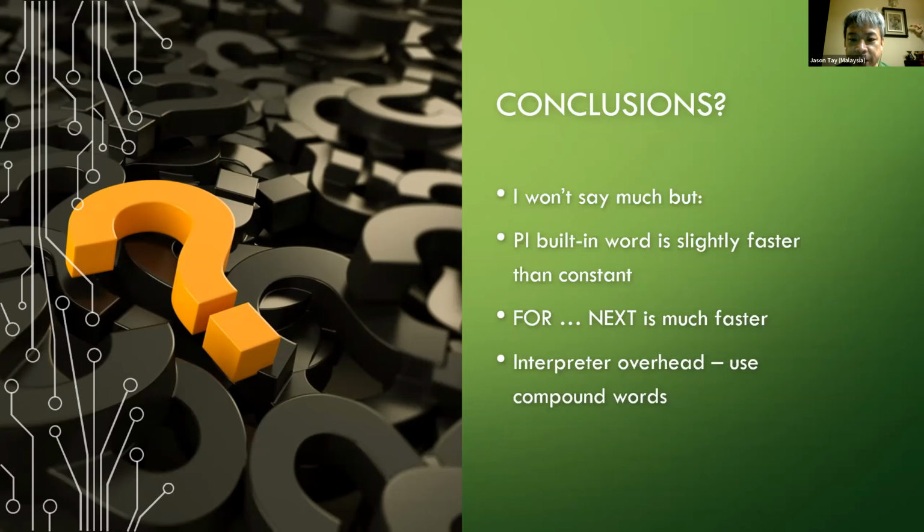I have no idea why. And then we now know that for-next is much faster. Yes, we understand that do loop does a lot of stack manipulation and interpreter overhead. Interpreter overhead features very heavily in the benchmarks that we can see. So wherever you can, definitely use compound words. And that's about it.